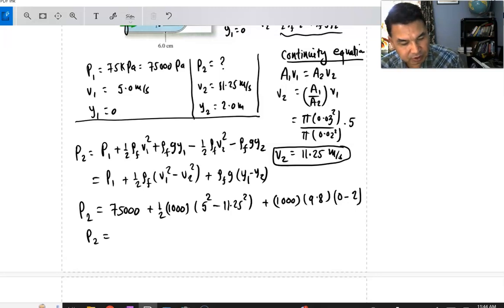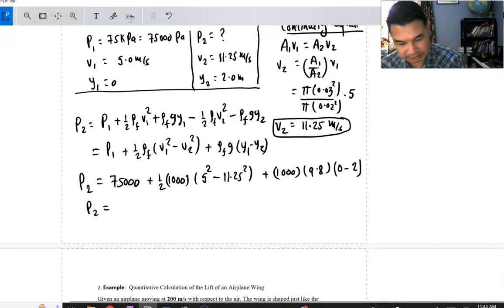Now if you do all this, it's going to give me 4619, and remember, the unit is pascals.